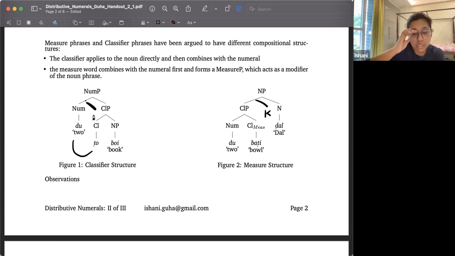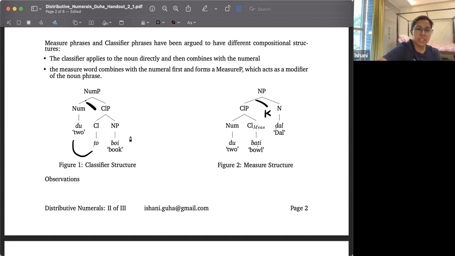Also, there is an additional fact here. So let's say one way of looking at it is, instead of what I have in figure 1, that there is a Num head that takes the classifier phrase as complement and projects a NumP.